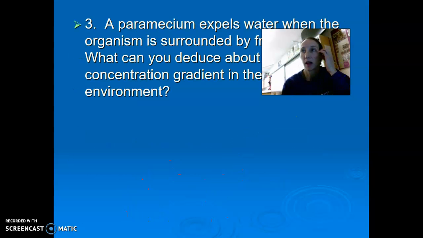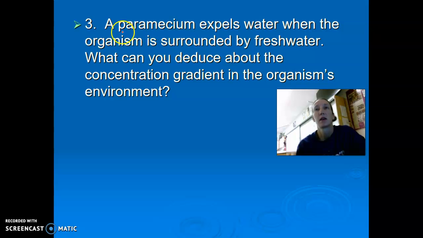Okay, number three. How does a paramecium, which is just a single-celled organism, expel water when the organism is surrounded by fresh water? So first off, expel means to have water leave it. So what can you deduce? What can you conclude about the concentration gradient of the environment?